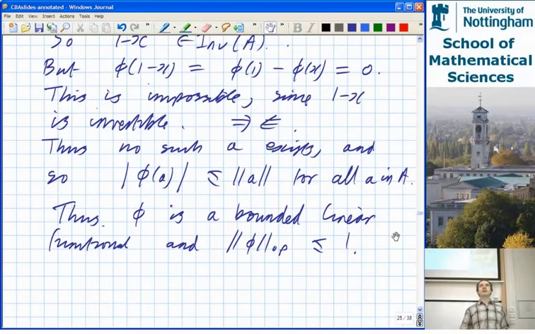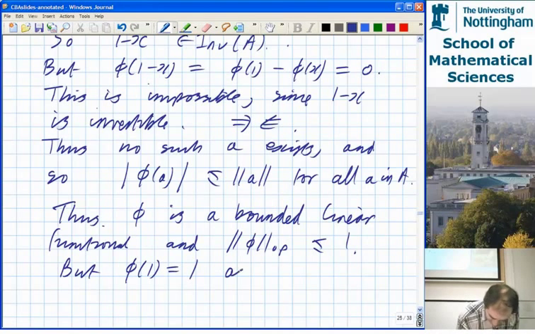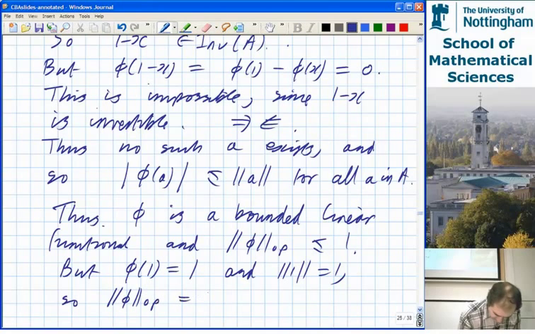But phi of 1 equals 1 shows that the operator norm is actually equal to 1, remembering that the norm of 1 is 1. And we've finished.